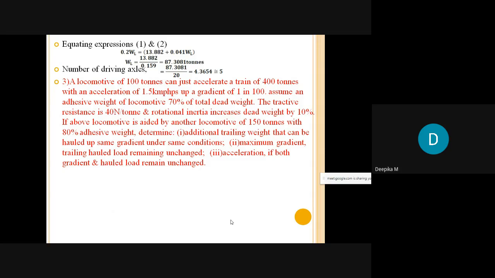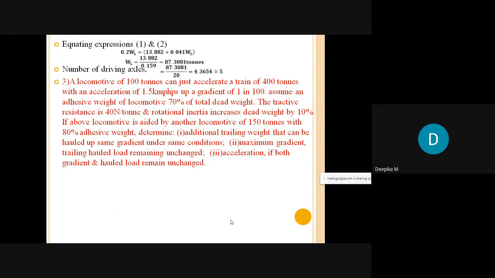If the above locomotive is aided by another locomotive of 150 tons with 80% adhesive weight, determine: first, the additional trailing weight that can be hauled up the same gradient under the same conditions; second, the maximum gradient, trailing haul load remaining unchanged; third, the acceleration if both gradient and haul load remain unchanged.